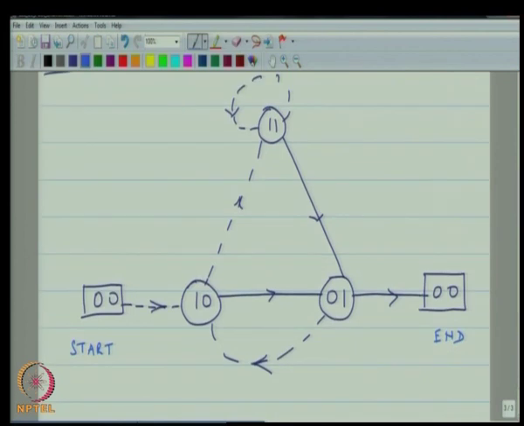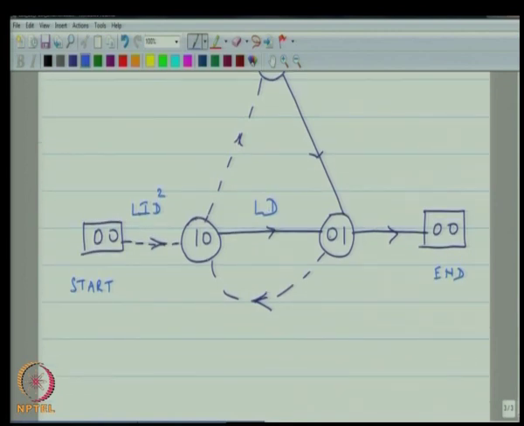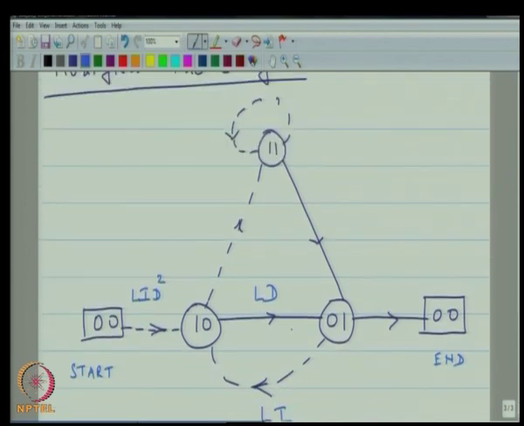Just looking at my notes here. From 0 0 if you go to 1 1, your output is LID squared. From 1 0 if you go to 0 1, you have an LD. From 0 1 back to 1 0 is LI. From 1 0 to 1 1 is LID.